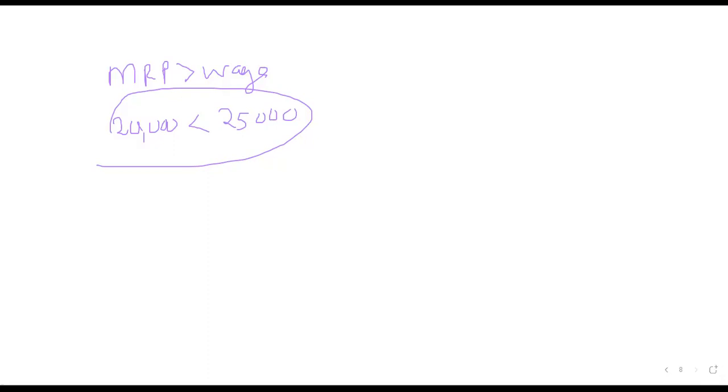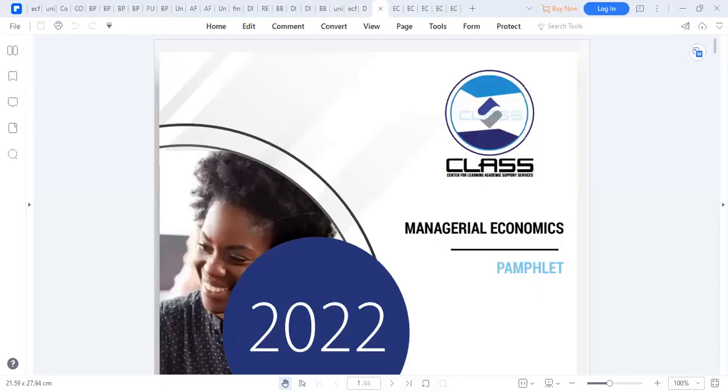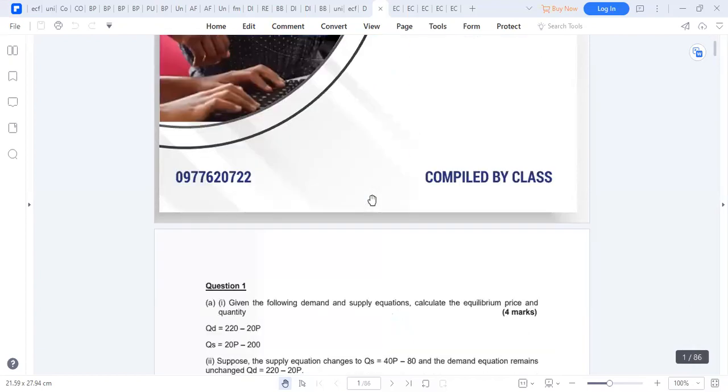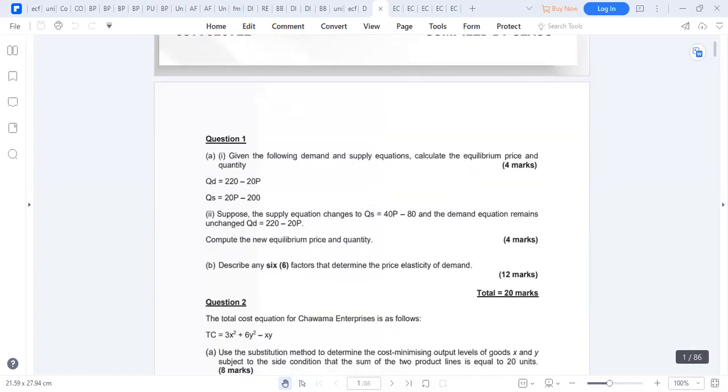Okay. So let's look at the pamphlet. I sent you some compiled questions and answers. No, just questions. So we'll look at some questions on production, to explain a few issues here and there.